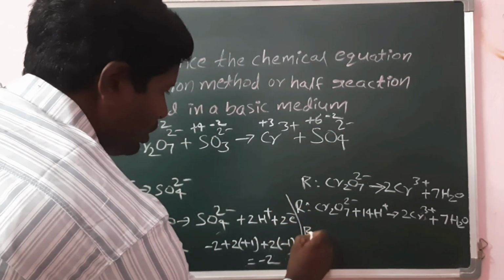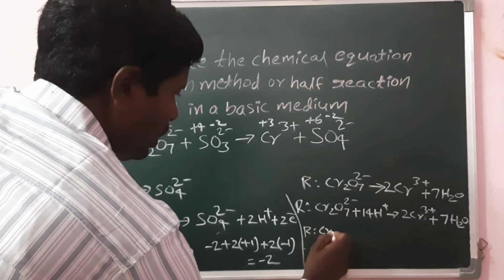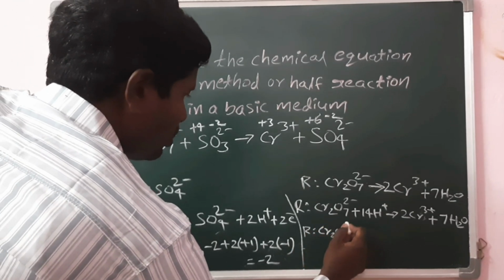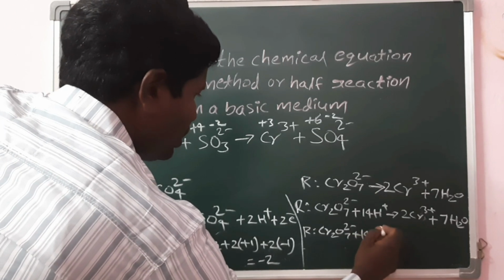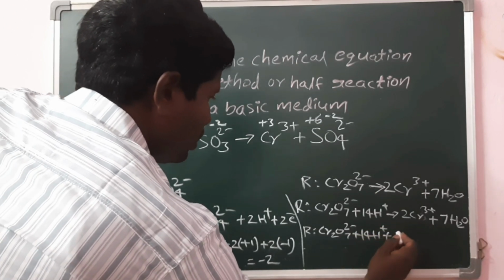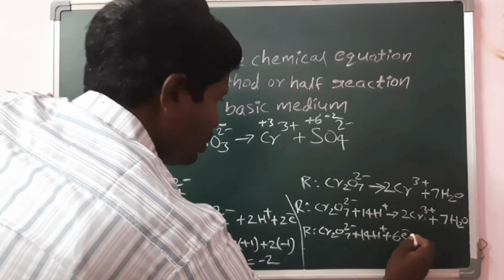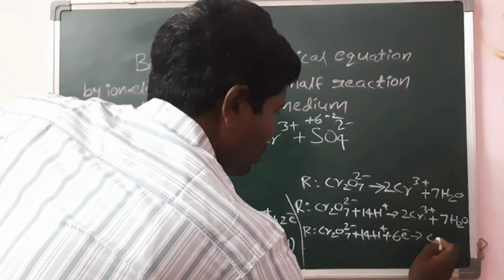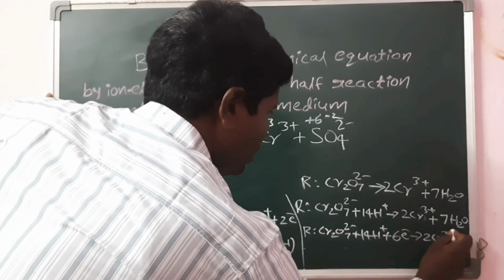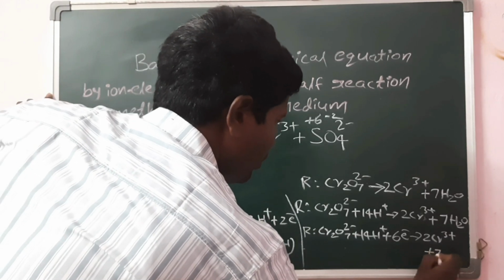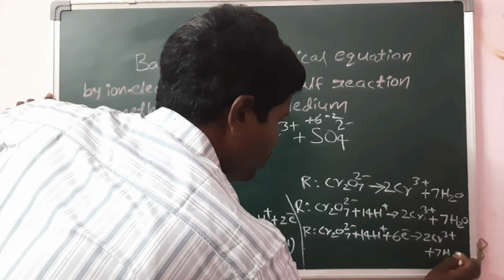Now we can write it as Cr2O7 2 minus plus 14 H plus ions plus 6 electrons. This gives us 2 Cr3 plus plus 7 H2O.